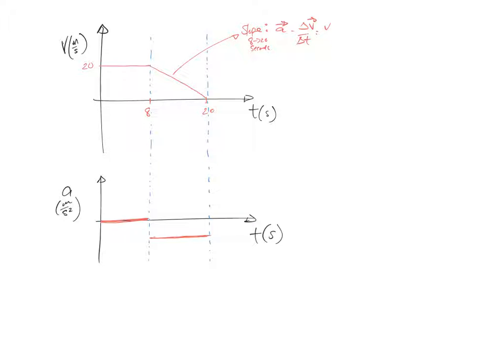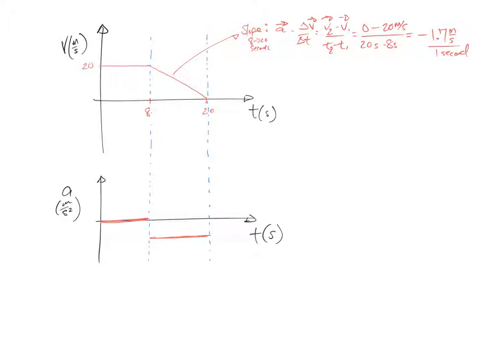Final velocity minus, you know what, I kind of like using v2 minus v1, I'll do it that way, and then t2 minus t1. So v2, 0, that's velocity in the end, minus 20 meters per second over 20 seconds minus 8 seconds. And that's about negative 1.7 meters per second per 1 second.